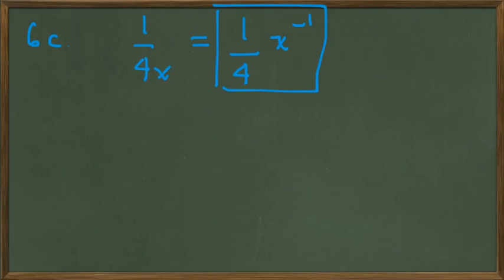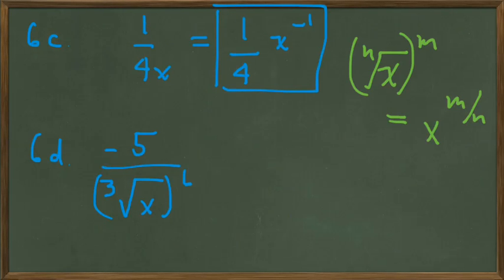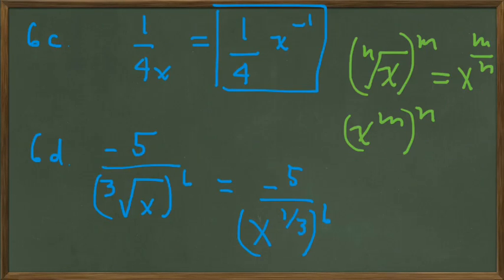And then for 6d, we are using this rule, so the root in the denominator, the power in the numerator. That cube root of x is x to the 1/3, and then we're raising that to the 6th power. Now to continue on this problem, we have to use this rule for exponents right here.